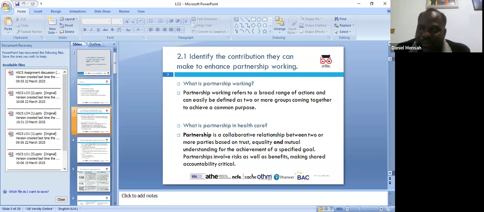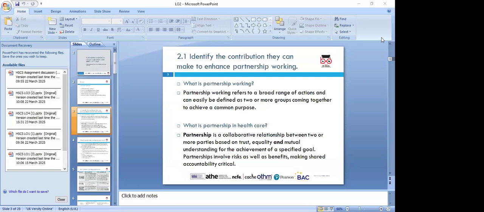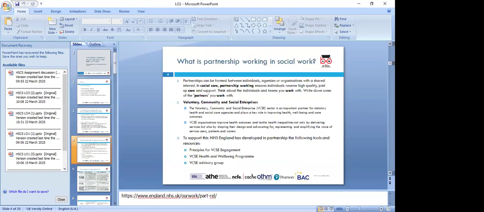So you join them together to achieve one common goal, and these are very key in our processes, ensuring that one is able to understand when we talk about partnership working. Now, what then is partnership working? We did explain that partnership working refers to a broad range of actions and can easily be defined as two or more groups coming together to achieve a common goal. We did mention that yesterday.